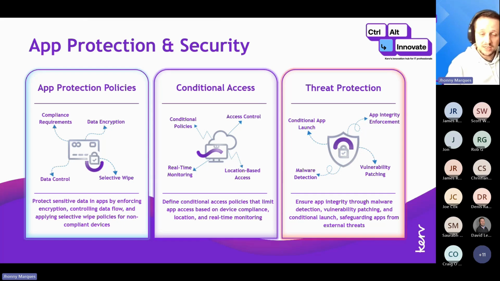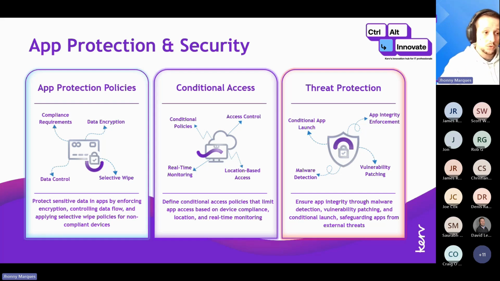Now, with today's workforce being remote and hybrid, with a mixture of people working from the office and home, with personal and corporate devices, protecting the apps and the data that they handle is probably the most important thing right now. It's no longer about just installing the app. It's about ensuring that the app remains secure and compliant throughout the life cycle. And Intune allows you to do this in three key areas.